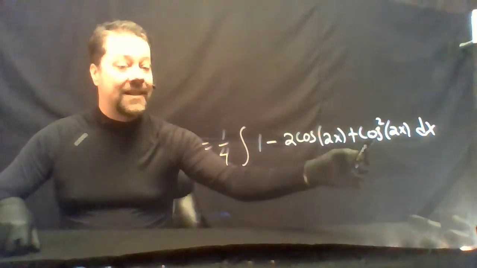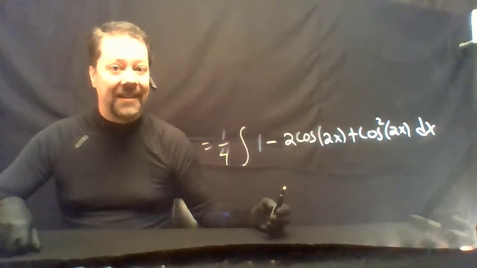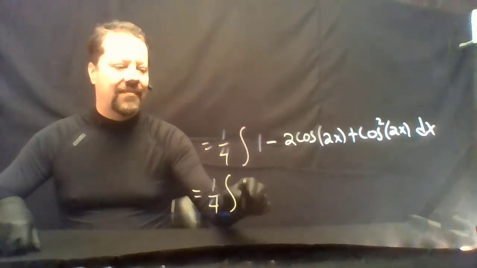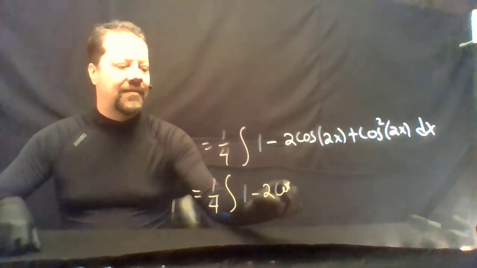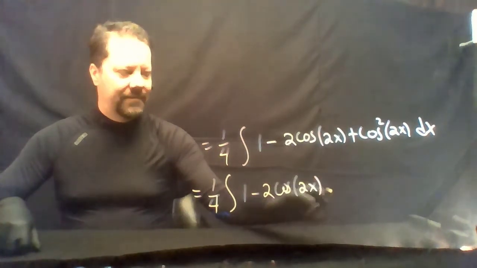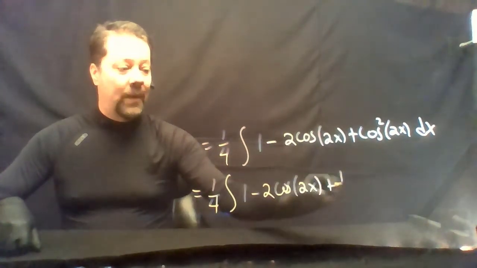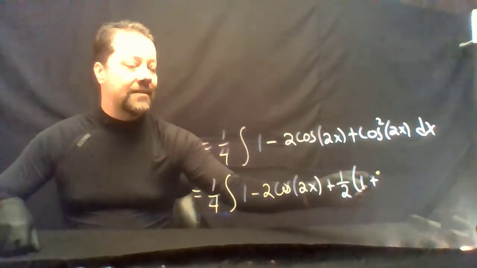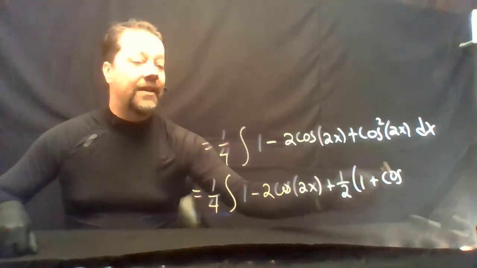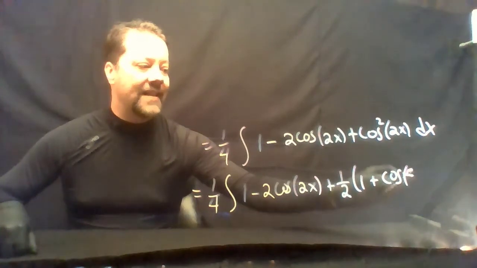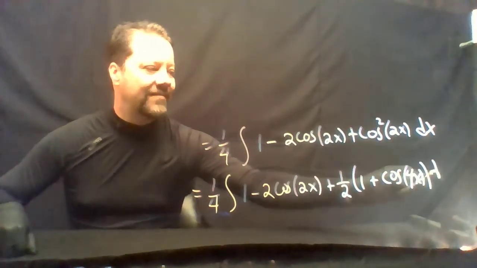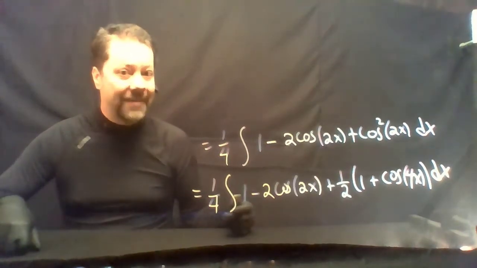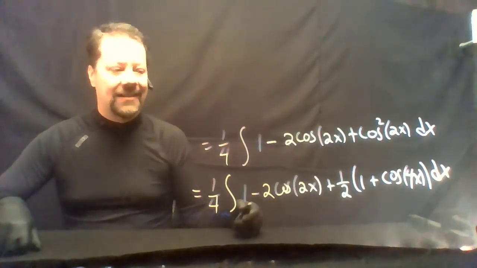In order to integrate these even powers, you have to use a half-angle identity. So that's going to be 1/2 times the quantity 1 plus cosine of the double angle. In this case, that's 4x. 1 plus cosine of 4x. Make sure you get that one right.